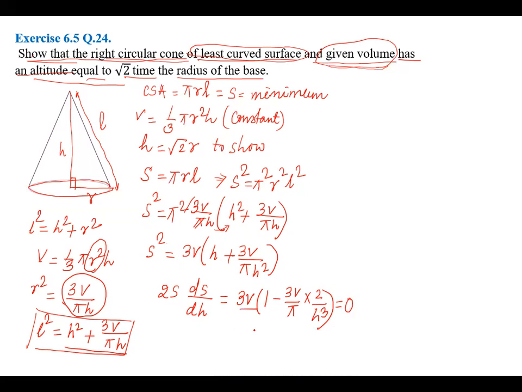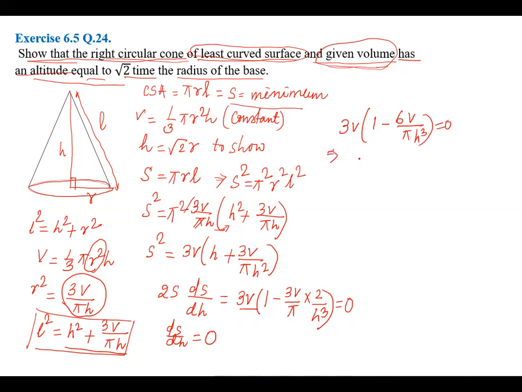3v cannot be 0, and ds by dh is 0 because s is minimum, as we have already mentioned. So the whole right hand side is also 0. So I'll write 3v into 1 minus 6v by pi h cube is equal to 0.